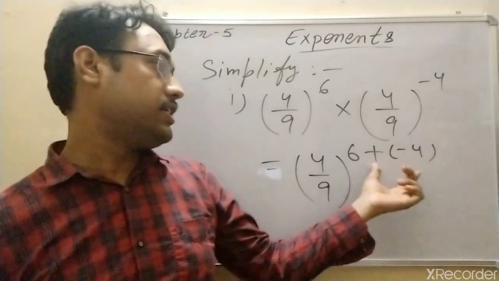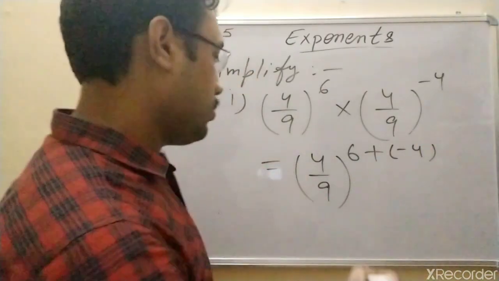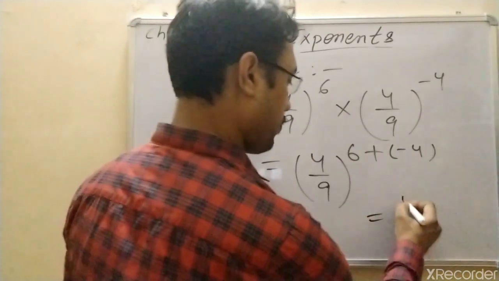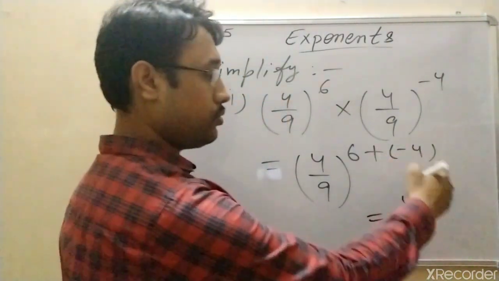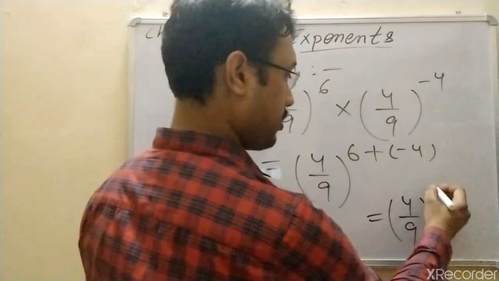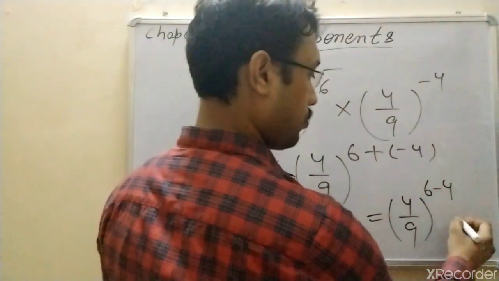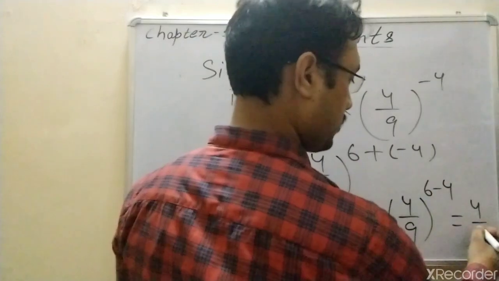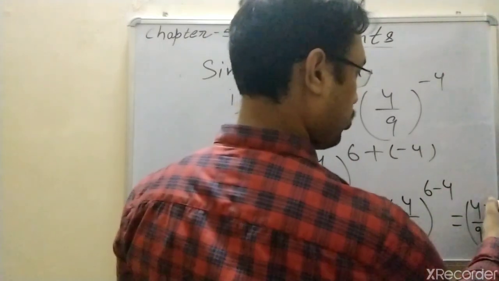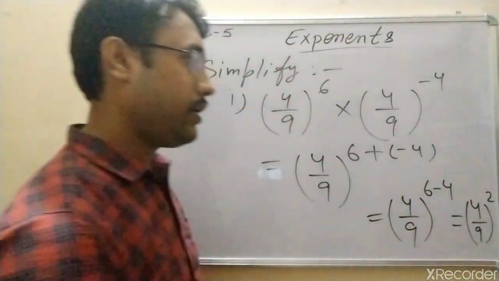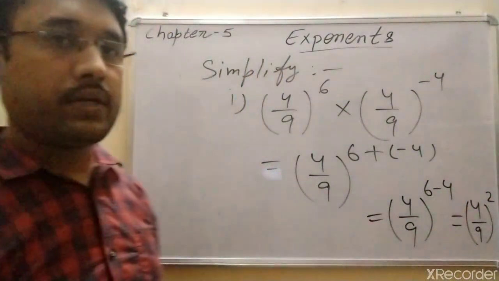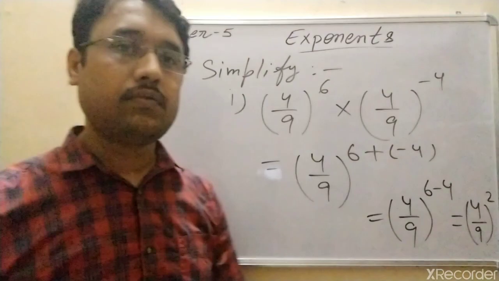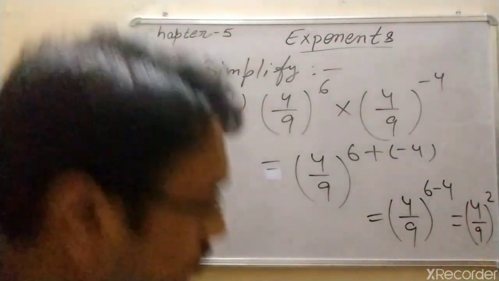So the number is 6 plus minus 4, and you get 4 by 9 to the power 6 minus 4, which means 4 by 9 to the power 2. Six minus 4 is 2. This way you can solve the questions.